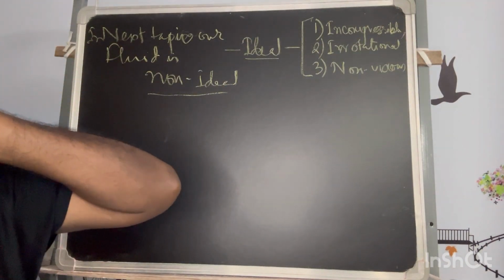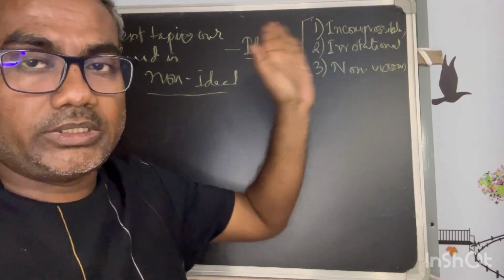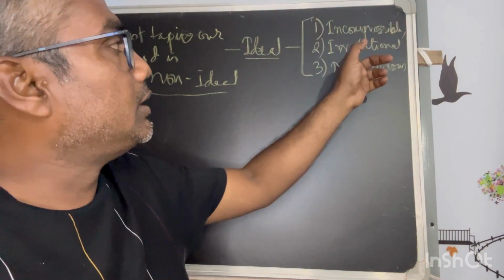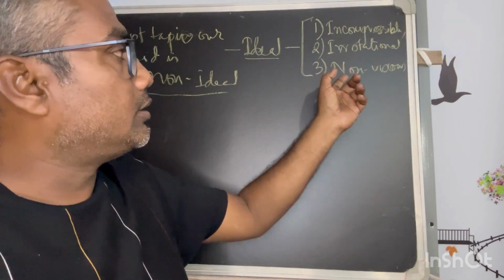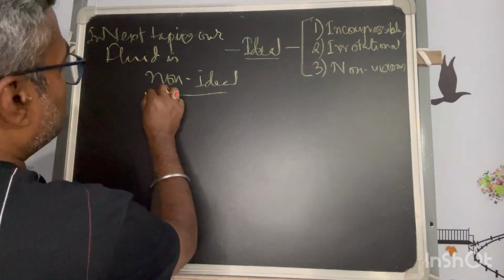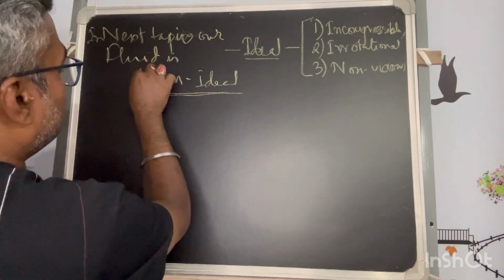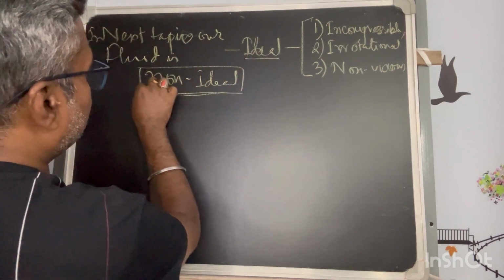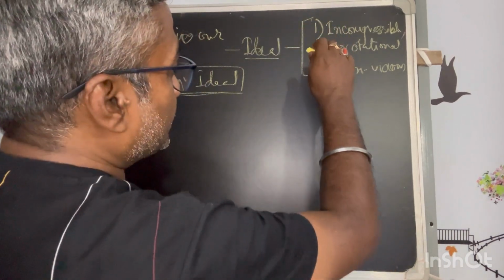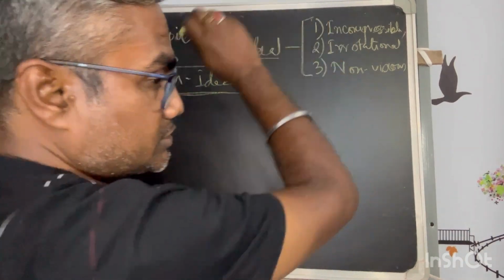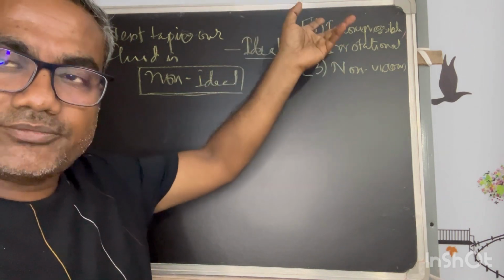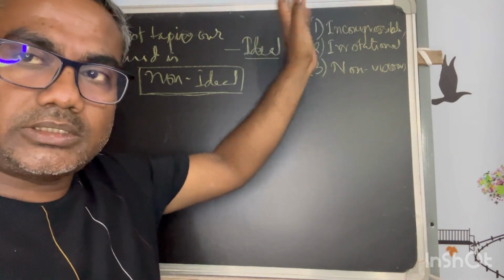Yes, we can have all the criteria deviated. It could be incompressible to compressible, irrotational to rotational, non-viscous to viscous. But out of the non-ideal cases, the fluid could be a non-ideal fluid with a combination of any of these three being deviated. Out of all three, one is deviated, all three deviated, two deviated, and combinations of that.